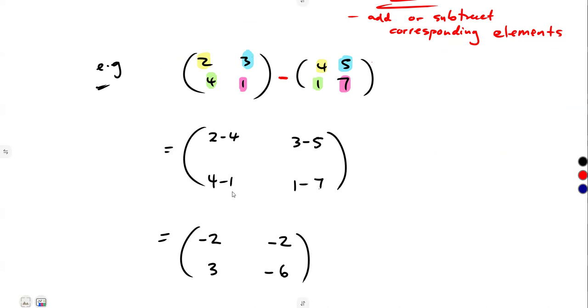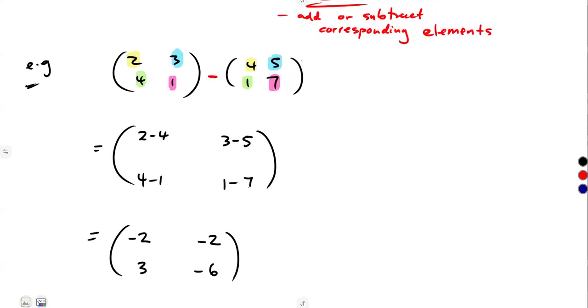But as you can see, that is the only concept that you're going to have on addition and subtraction. The order has to be the same, and you must consider directed numbers. So you must be very careful with your directed numbers.